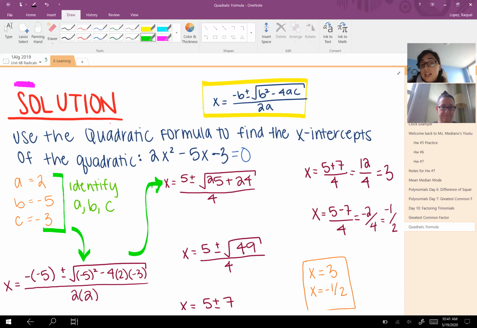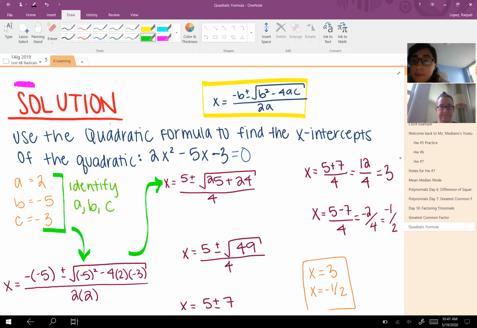And then I took -4 times 2 times -3, and I got +24. So from there, I got x equals 5 plus or minus the square root of 25 plus 24 all over 4. And then from there, I took care of everything that was underneath the radical. So 25 plus 24 is 49.